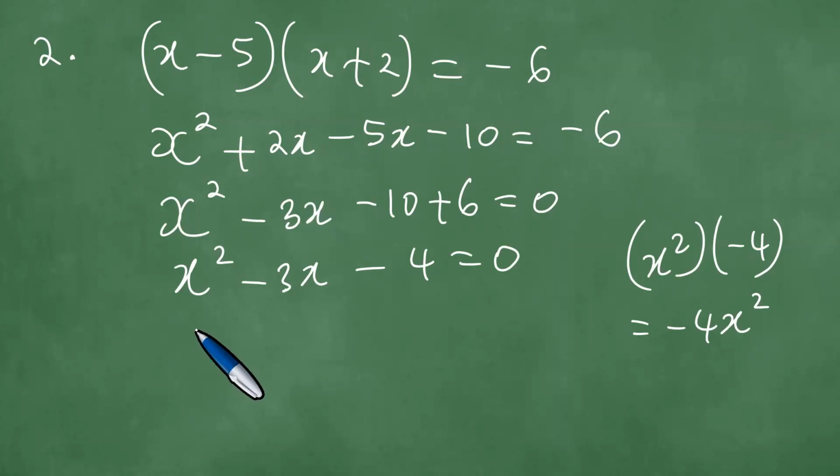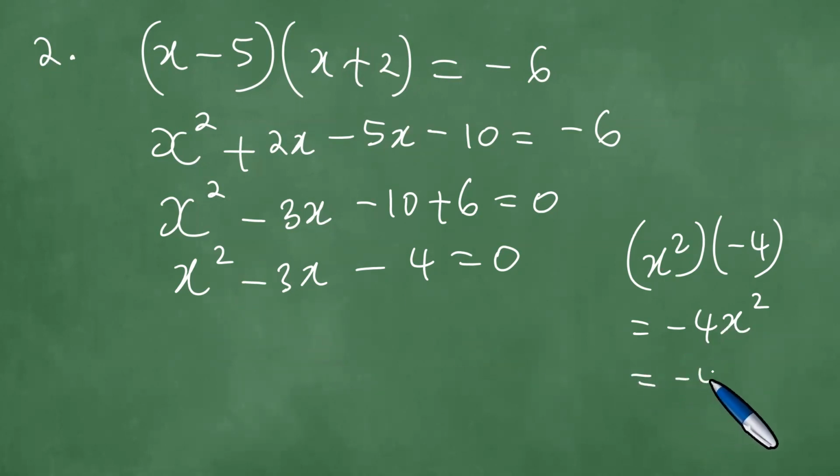Normally we do it like this, and obviously you are right there, Tando. Normally we multiply x squared with minus 4. That is the strategy we use here, and we get minus 4x squared. After that, we look for factors of minus 4x squared that give minus 3.